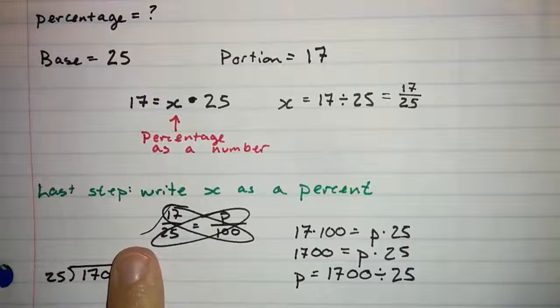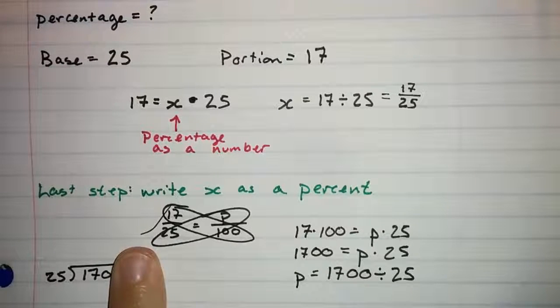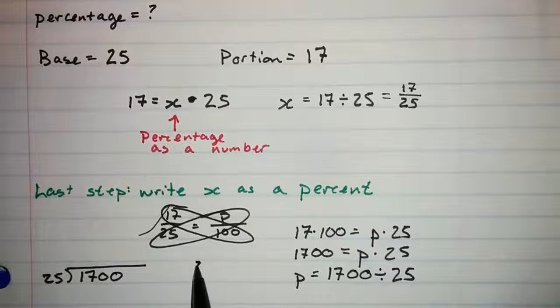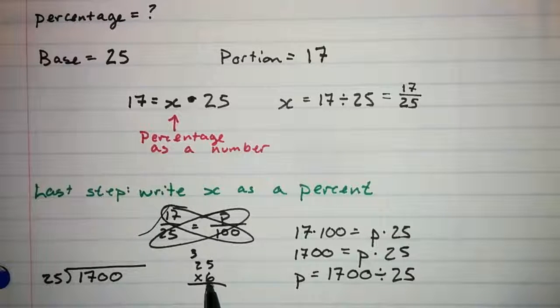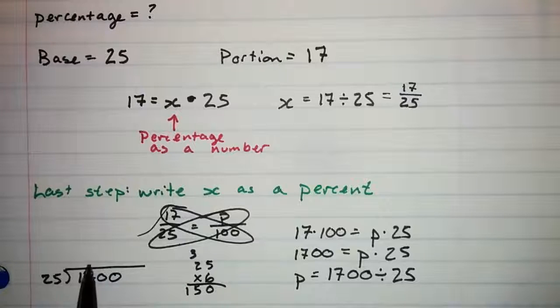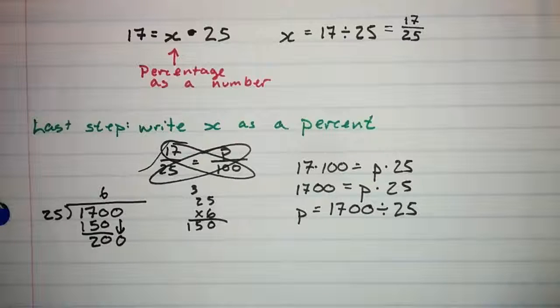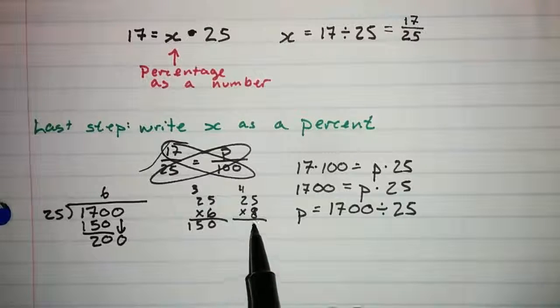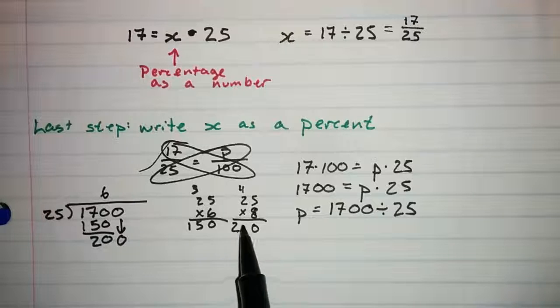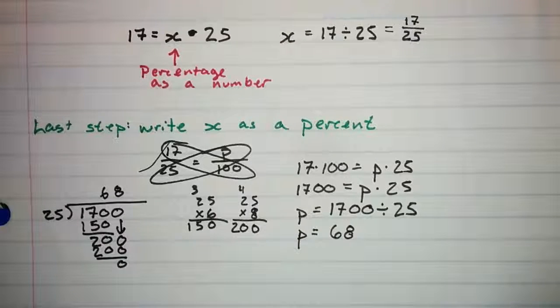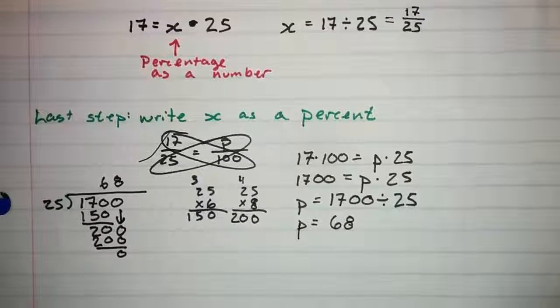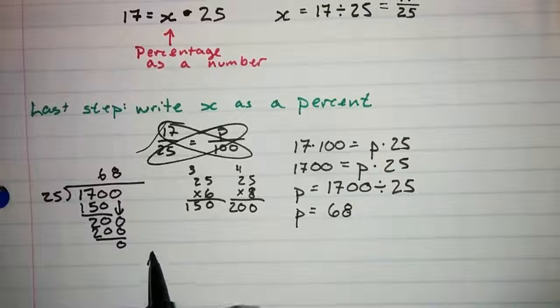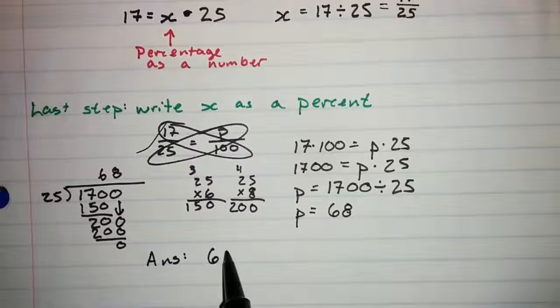Into 17, no, into 170, 6 times, I think. 25 times 6, 30, 12, 15. Yeah, not enough room for another 25. 25 goes into 200, I think 8 times. 40, 16, 20. Our number is 68. And so our answer will be 68%.